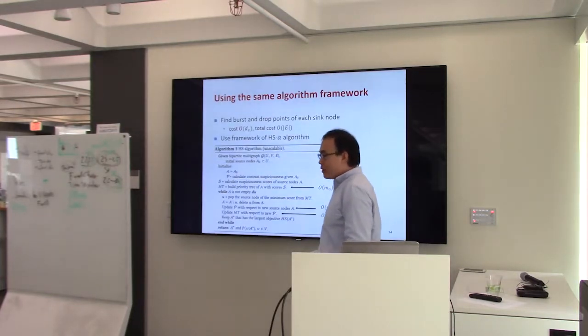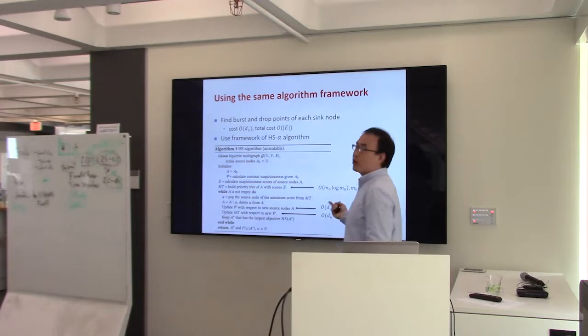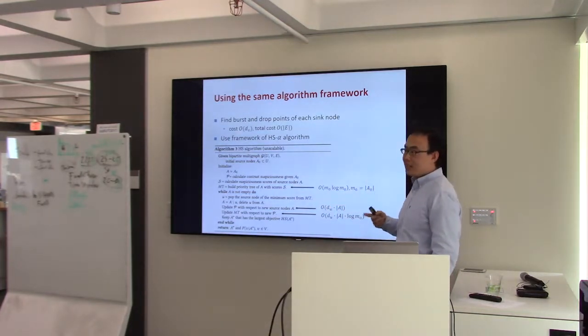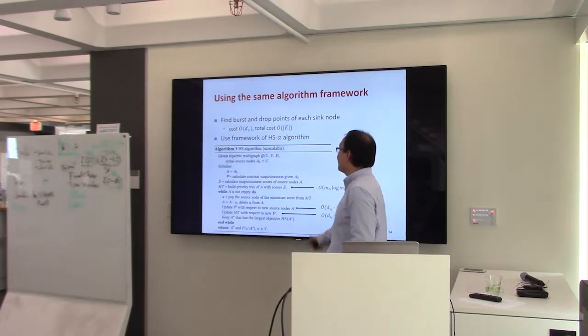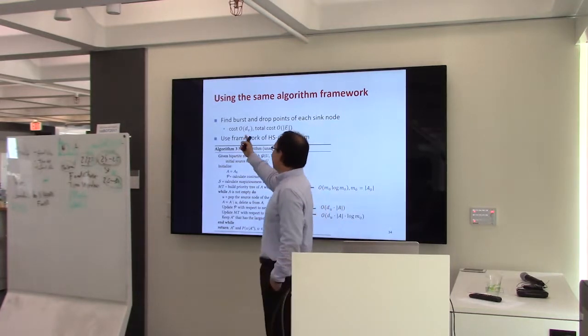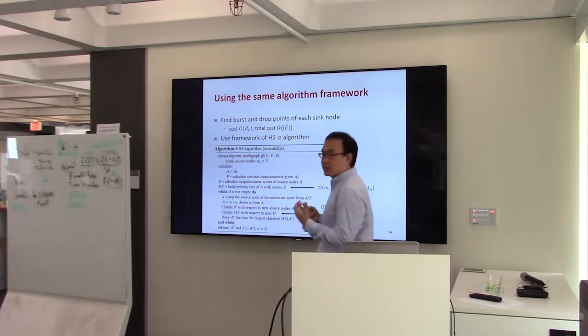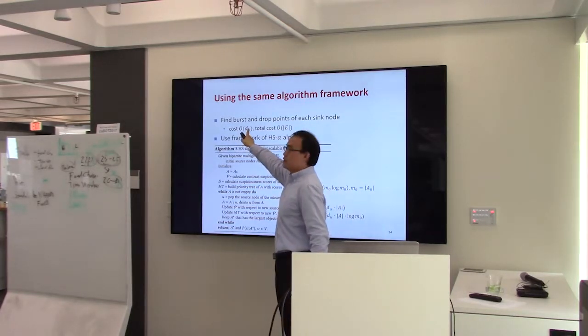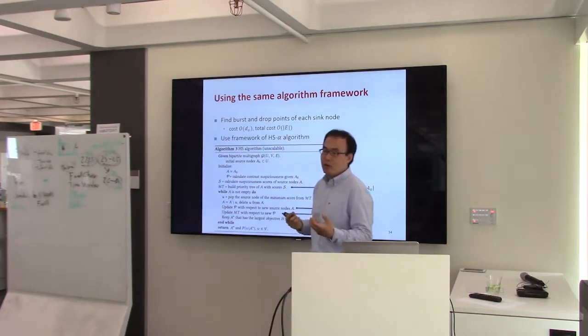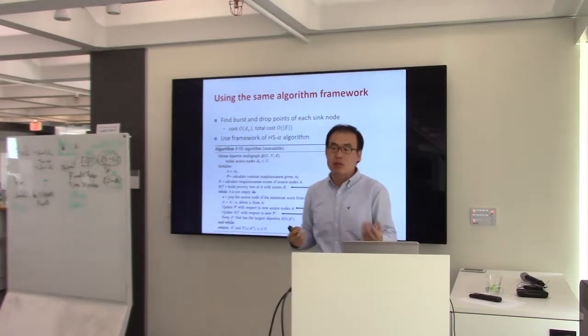For the algorithm part, we can also use the same algorithm framework. Let's see how much time this algorithm will cost. First of all, we want to find the burst and drop points for each signal. Finding the burst and dropping points is linear to their degree.